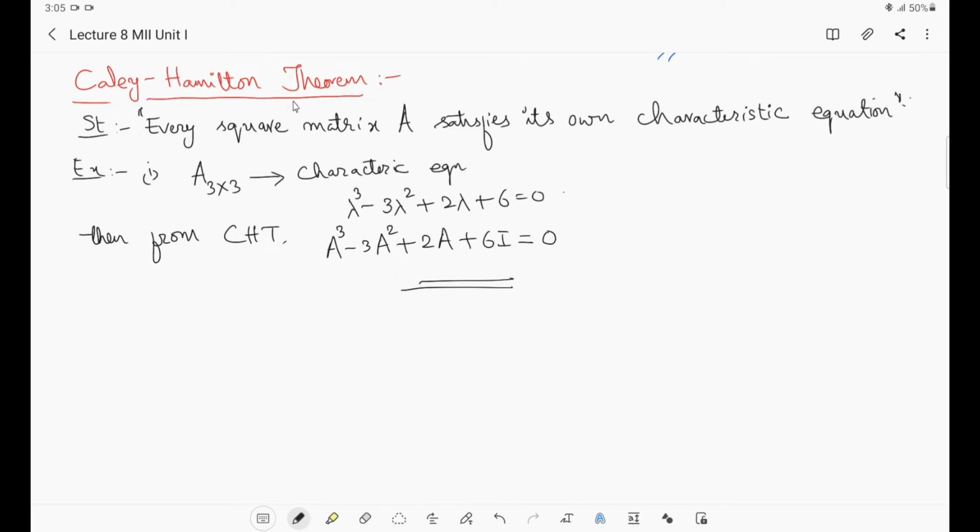This is the meaning of the Cayley-Hamilton theorem. Like that, you consider any square matrix and find the characteristic equation, then you verify the left hand side expression, then you will get 0. So, we will see one problem related to this, verification of the Cayley-Hamilton theorem. This type of question will be asked in examination for 2 marks.